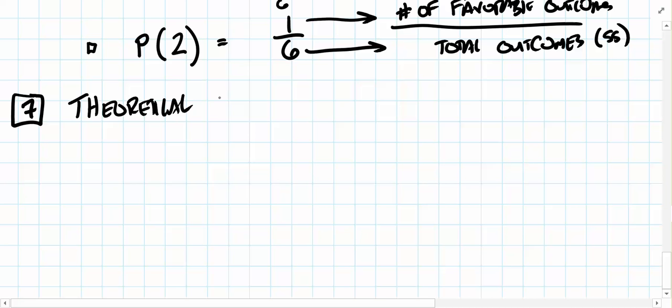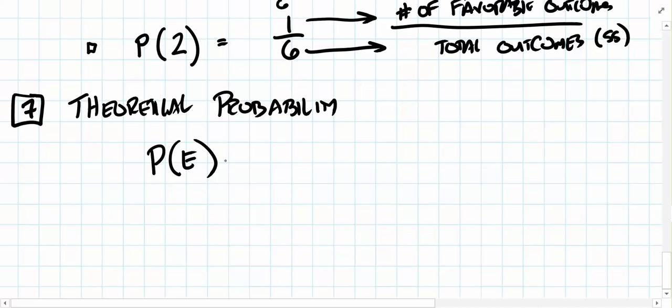And we represent it the same way. So the probability of an event is just what we wrote up there. It is a fraction. It's the number of favorable divided by the number total.